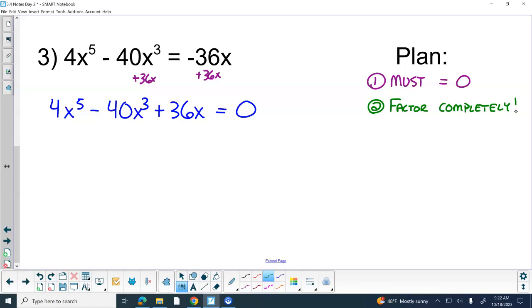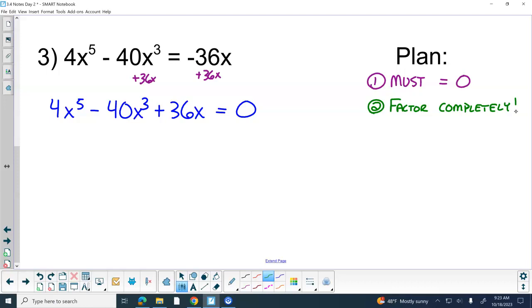Now, that's going to bring in all 5 methods of factoring. Might even bring in multiple methods of factoring in that scenario. So if I'm looking at 4x to the 5th minus 40x cubed plus 36x, do I have a greatest common factor?